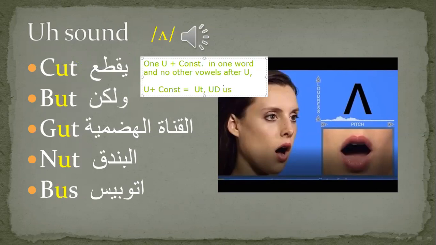So D, T, S are consonants. Okay? Not vowels. Cut, but, gut, nut, bus.